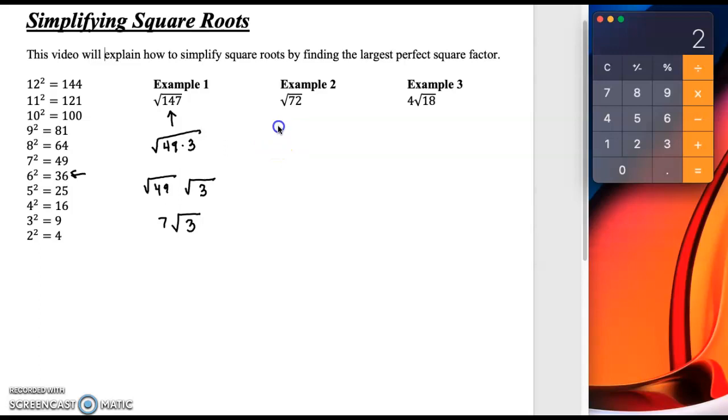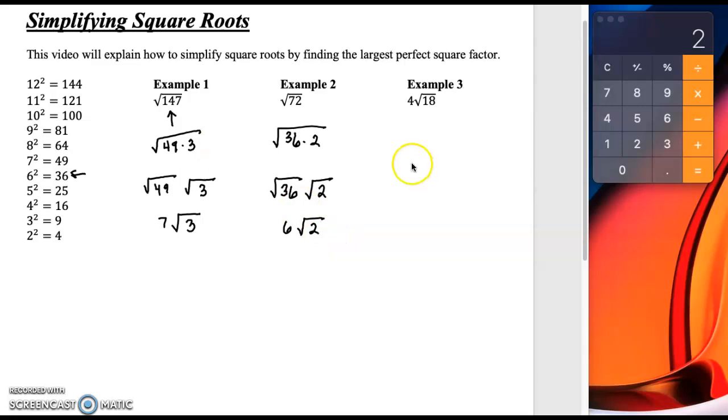So we're going to be able to rewrite this as root 36 times 2. So this breaks into root 36 times root 2, and root 36 is 6, so 6 root 2. So that's our answer.